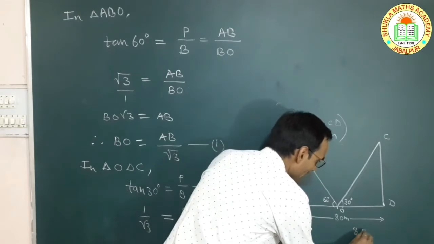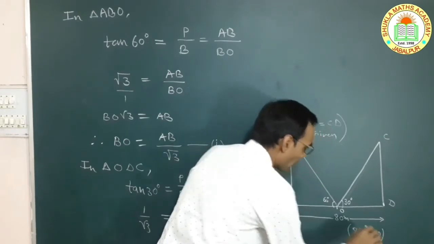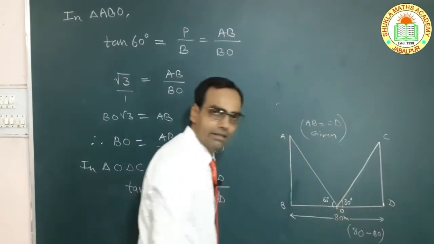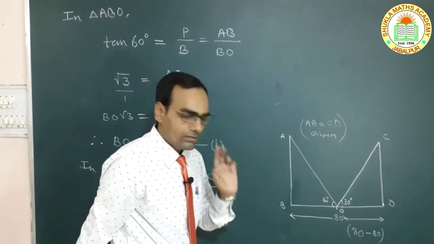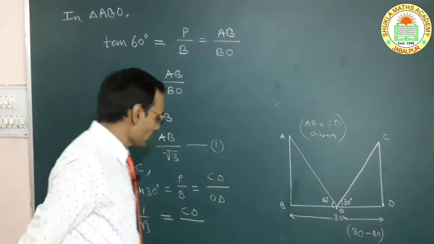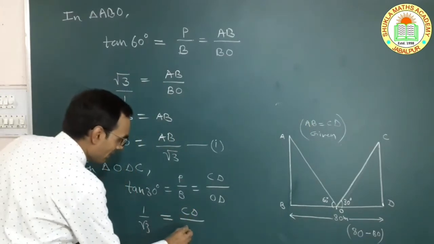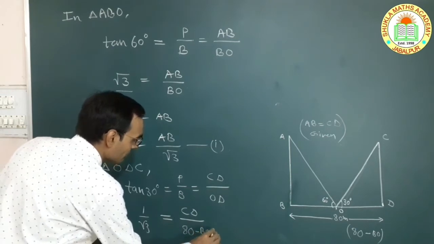So the value of OD becomes 80 minus BO. Why? Because the whole distance is 80 meter and we want only OD. So subtracting BO from 80, we get the value of OD. So OD is 80 minus BO, right?